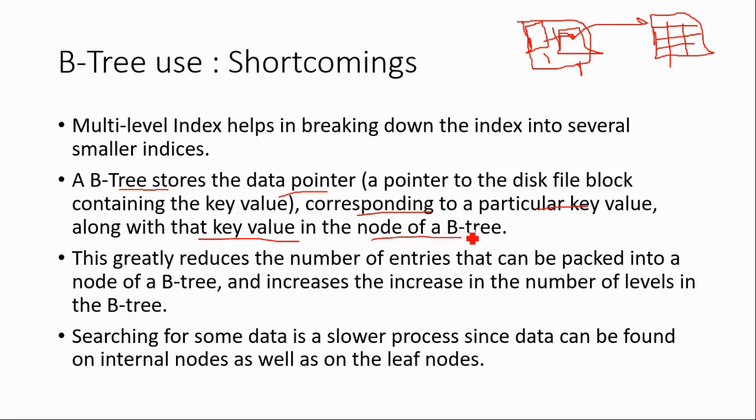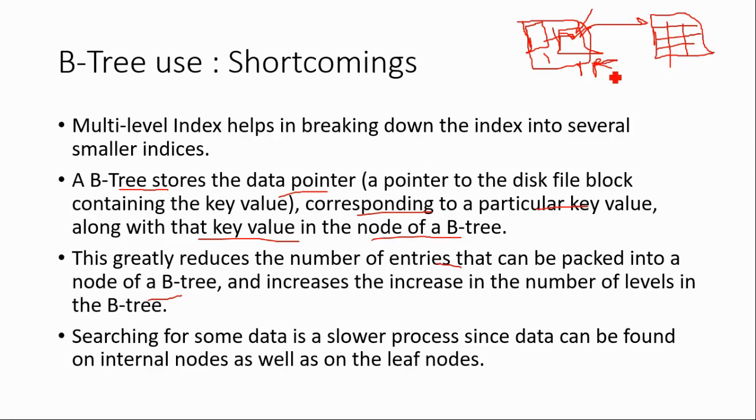As we have discussed, this arrangement reduces the number of entries that can be packed into the node of a B tree. Since we also store the data pointer in the node, the number of keys that we can accommodate there will reduce.